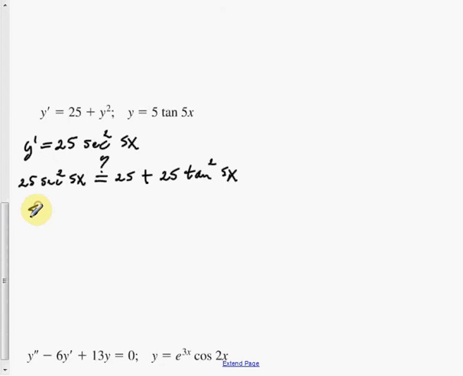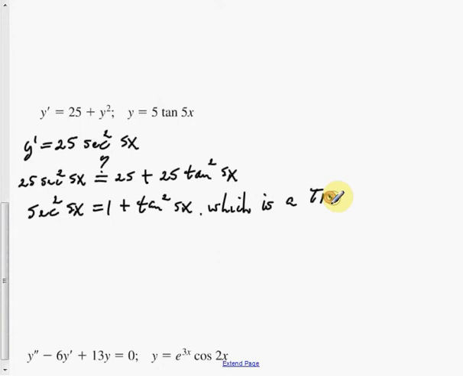So this is secant square 5x is equal to 1 plus tangent square 5x, which is a trig identity, right?